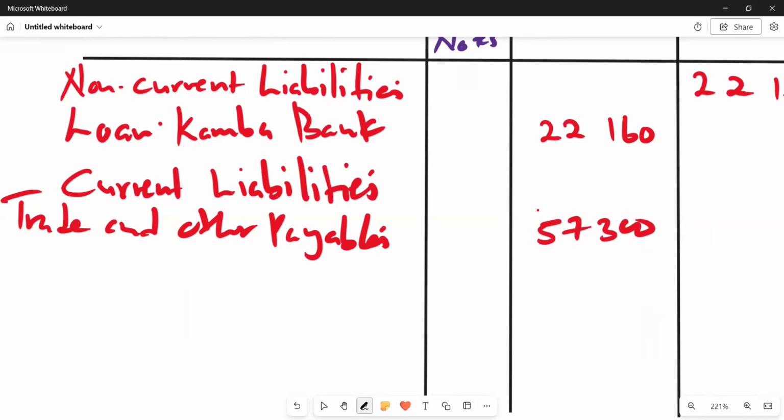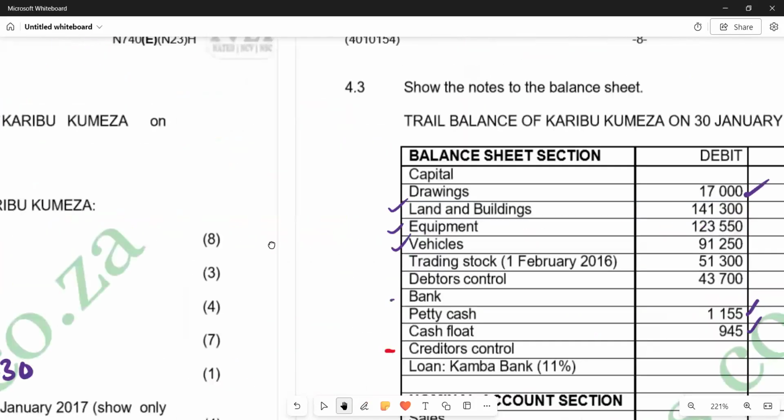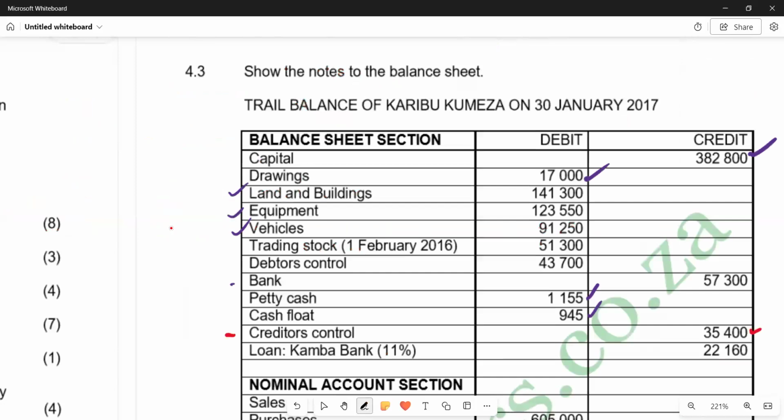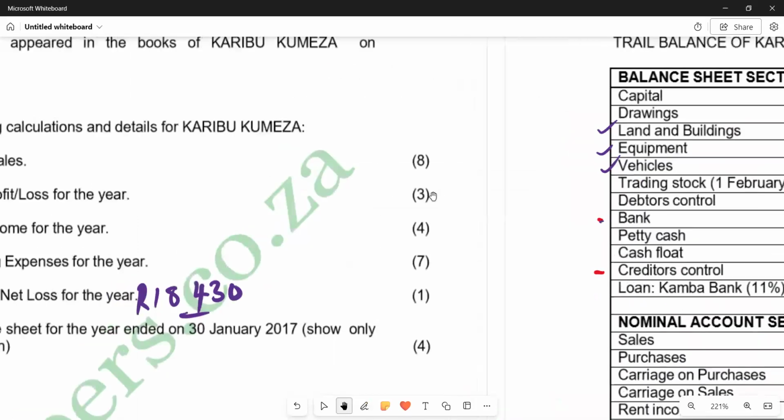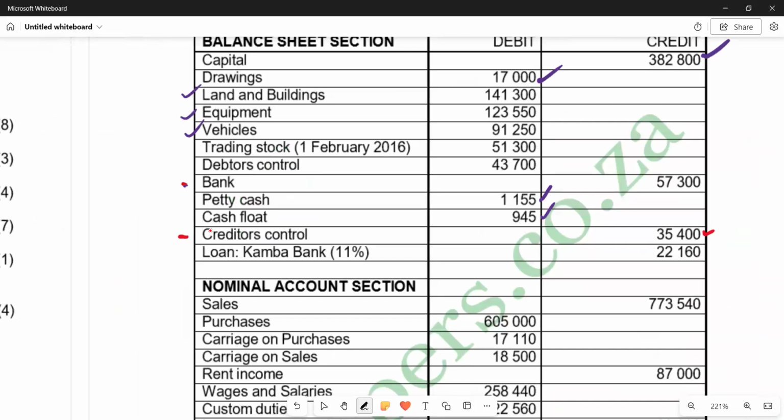Then after that, we also check for other liabilities that we have in the question. Go again to the list of balances under the balance sheet section and look for other liabilities. So we've got a bank balance that we said is on the credit side, so should go under current liability. So this is a bank overdraft that we are supposed to put there. Let's just try to look at the figure there. So we have our bank here, which is 57,300.